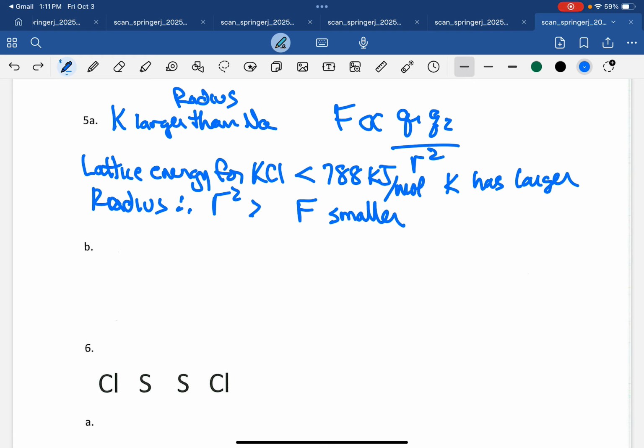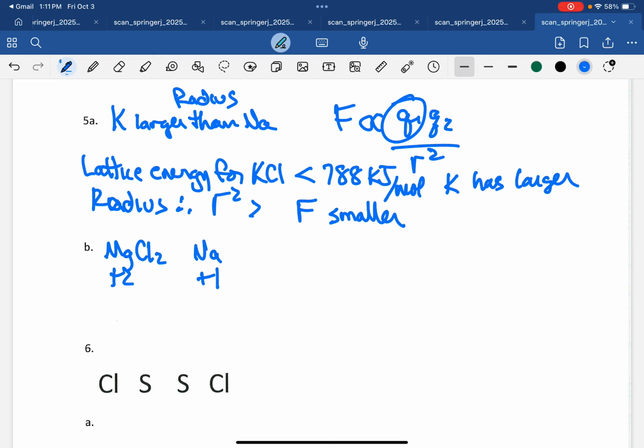Letter B, we're looking at the same thing, but it's MgCl2. And in this case, if you'll remember, Mg is right next to Na on the periodic table. They're both in period 3. So the radius difference, R squared, is not a big deal for the magnesium versus the sodium. What is a big deal is that magnesium is a +2 charge, sodium is a +1. So your Q1 value for sodium is 1, but your Q1 value for magnesium is 2.